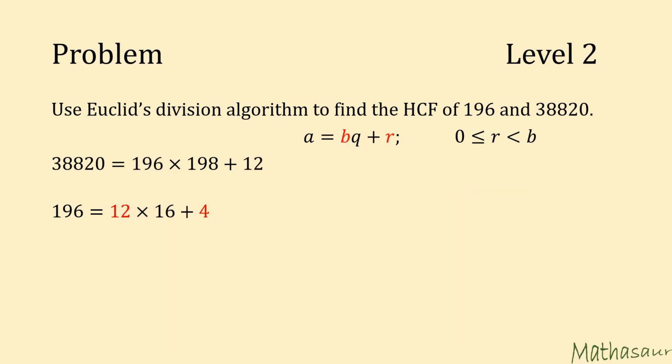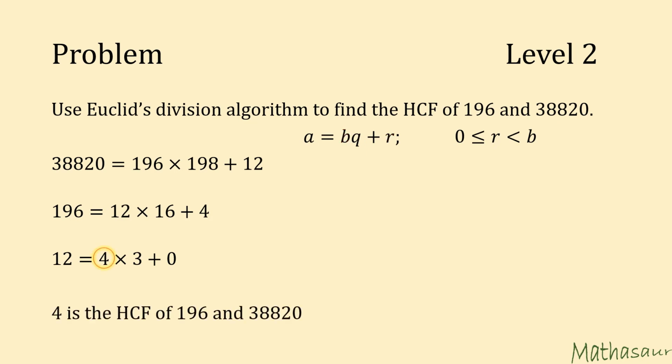Once again, our remainder or R is not equal to 0. So let us continue for the next iteration. So 12 becomes the new A and 4 becomes the new B. Now 12 is equal to 4Q plus R. We know that it is equal to 4 times 3. So this time the remainder is 0.